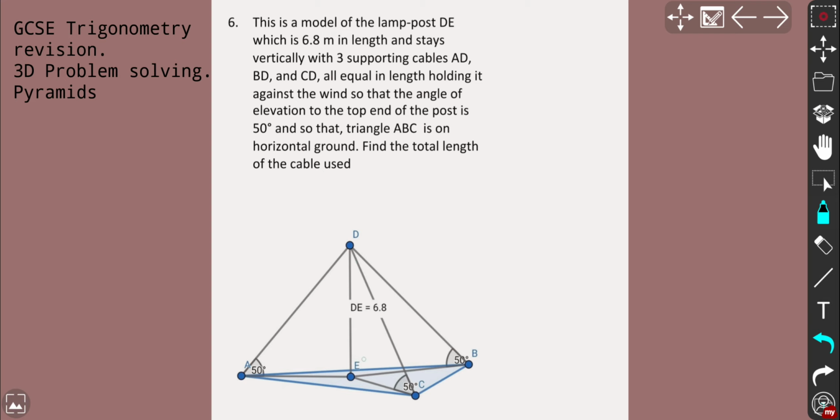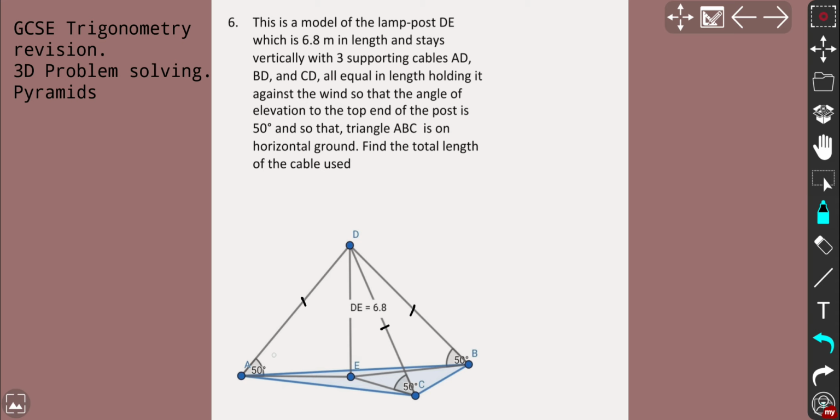And we have D, which is perpendicular to that plane where triangle ABC lies. We also know that all cables are equal in length, so all edges are the same. So we need to find just one edge and multiply by 3. Let's figure out which triangle to use.